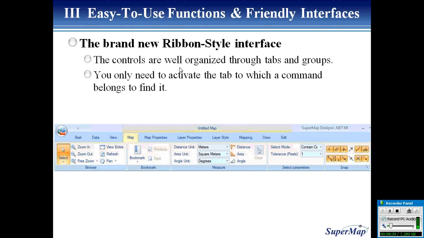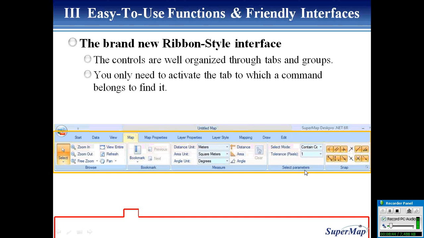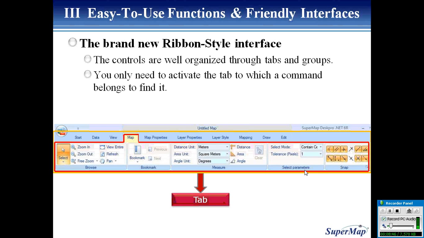When you launch SuperMap Desktop.NET 6R, you will find the brand new ribbon style interface. This is a ribbon area, and it is a tab, and this is a group. You will find the controls are well organized through tabs and groups.